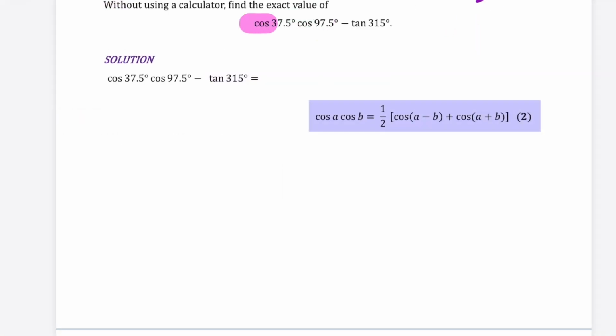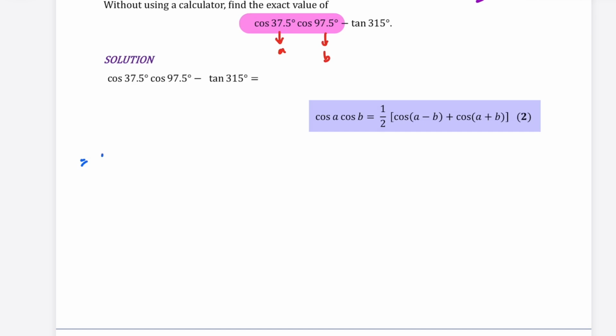Now this is very obvious. This is the pattern of product to sum, because you have cos A cos B is equal to this. Okay, so now let's use the formula, put in the value of A and B there.